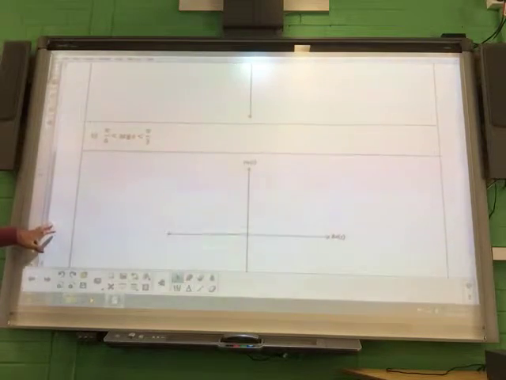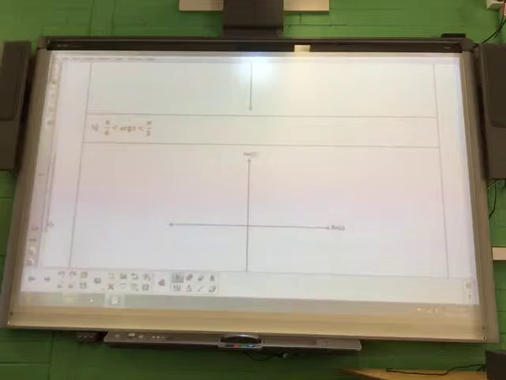Right, and the next example. So pi on 6 is less than the arg of z, which is less than pi on 3. So what do you think we're going to do here?